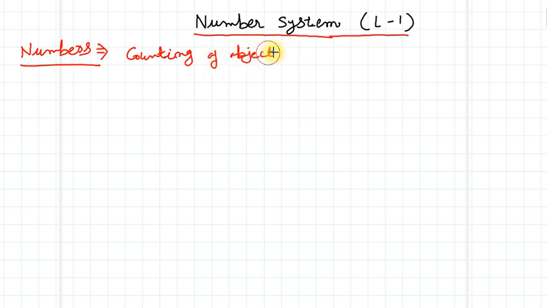Right, students? So how is this counting done? This counting is done by using numbers like this: 1 2 3 4 5 6 7 8 9 10 and so on. For so on we write these dots, right?